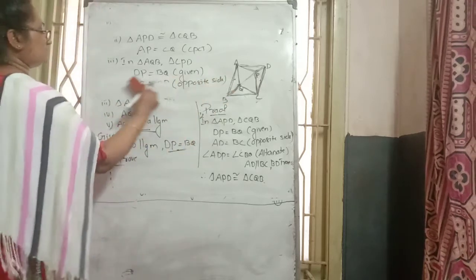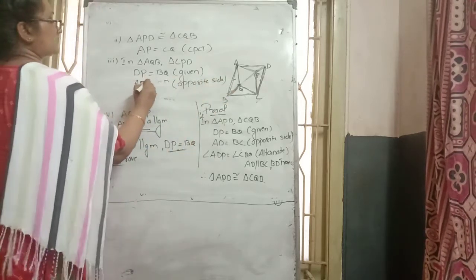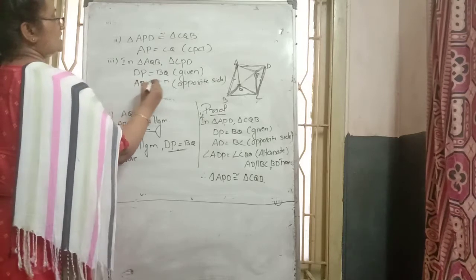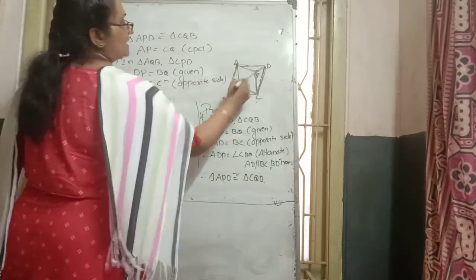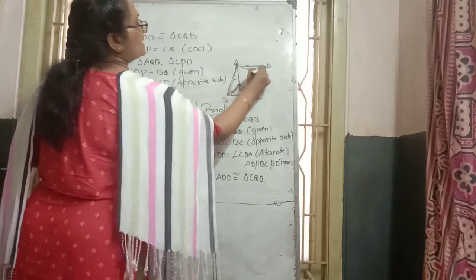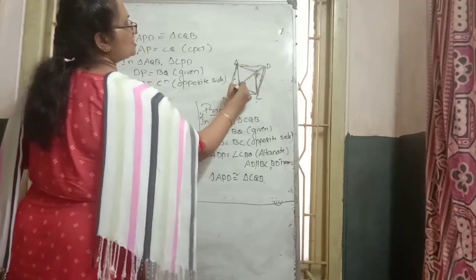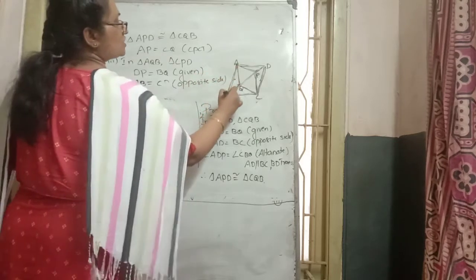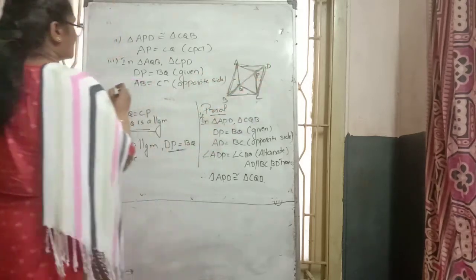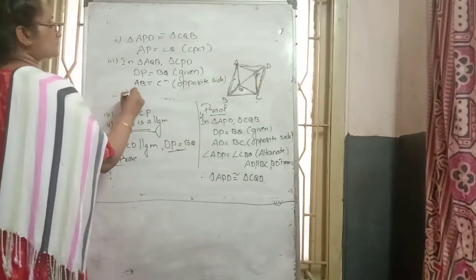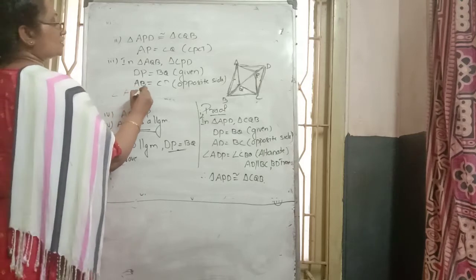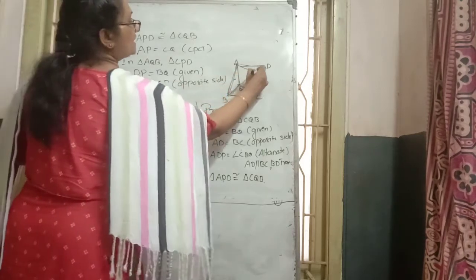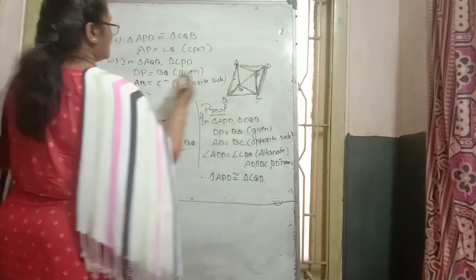Then next, AB and CD are equal, and they are parallel. Here also they are cut by a transversal line. Which is the transversal line? BD is the transversal line. They make alternate interior angles, so we can write angle ABQ is equal to angle PDC, or CDP, in any order.